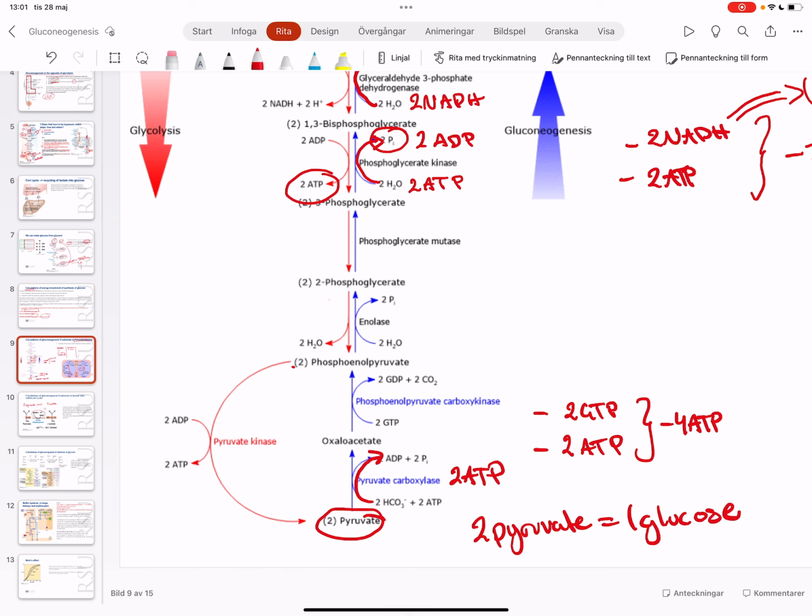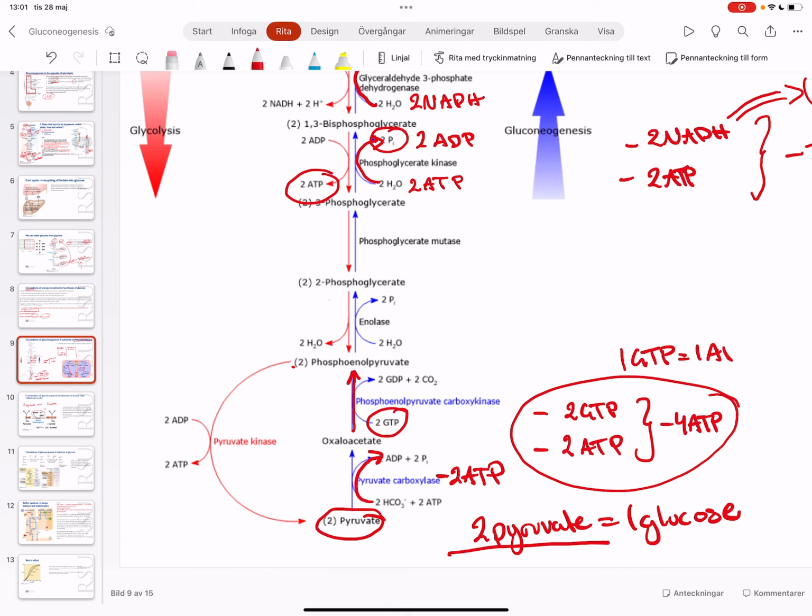So when we do gluconeogenesis and we want 1 glucose and we start from pyruvate, we will use 2 pyruvate molecules. So 2 pyruvate molecules will be converted into oxaloacetate, and that will use 2 ATP. So minus 2 ATPs here. Then from oxaloacetate to phosphoenolpyruvate, we will use 2 GTP. So that's again an investment of 2 GTPs. So far minus 4 ATPs, because 1 GTP equals 1 ATP.